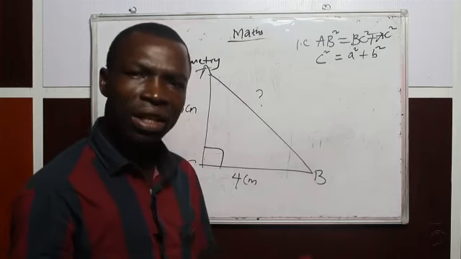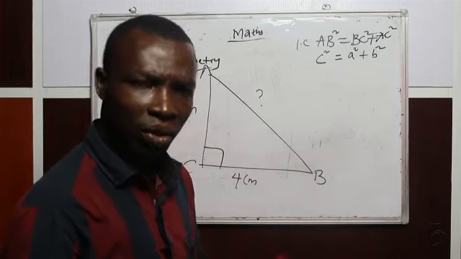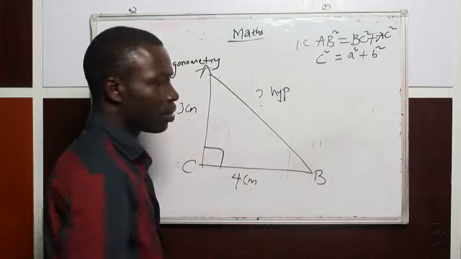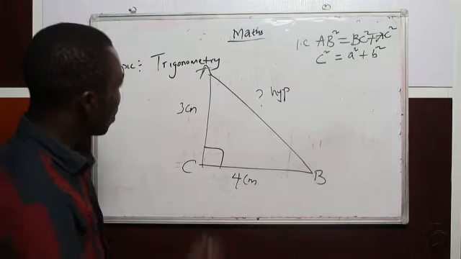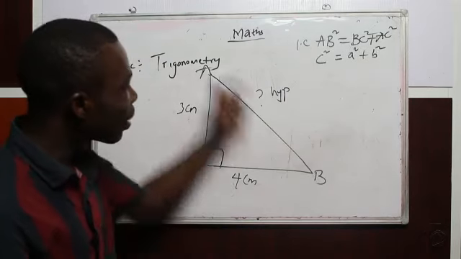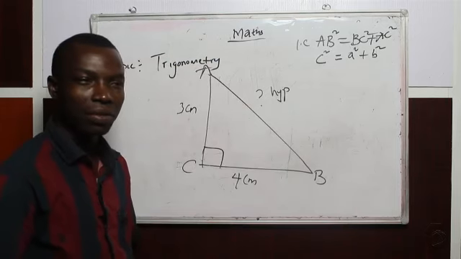Remember, I told you the longest side in a triangle is called hypotenuse. This side is called hypotenuse, considering this angle C, because it's the longest side in any triangle.